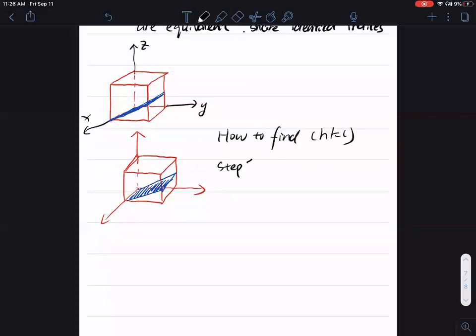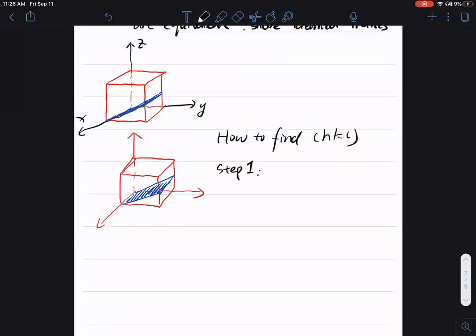Step 1 is to look at your unit cell and the coordinate system to determine if the given plane crosses through the origin.